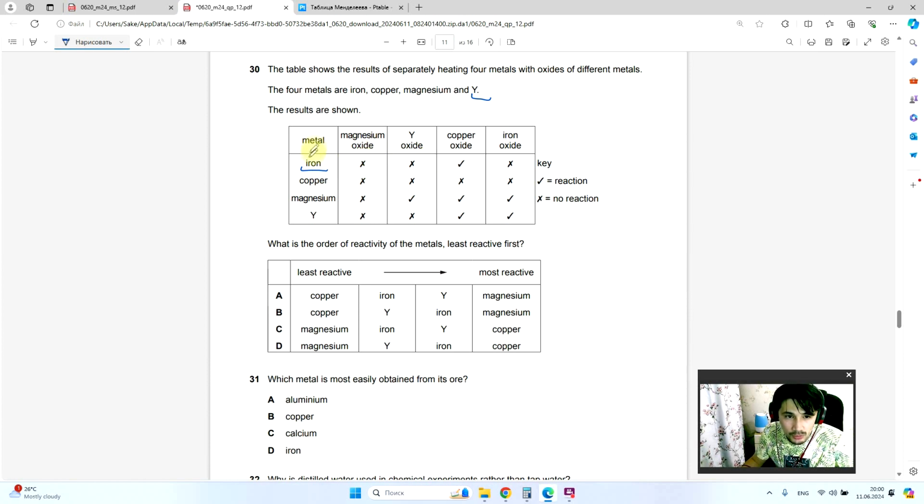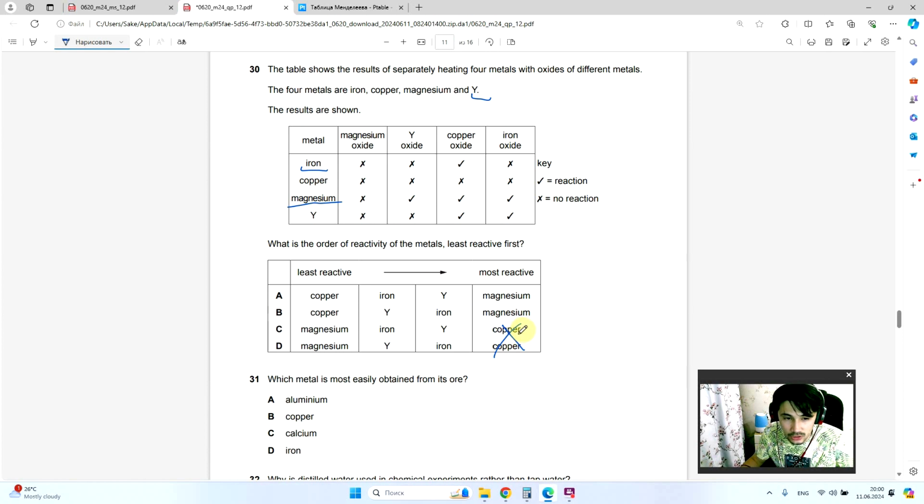So the most reactive metal should replace all of the other metals from their compounds. Magnesium is the most reactive metal in this list. Because magnesium oxide gave no reactions with all of these metals, it means that magnesium is the most reactive element in that list.